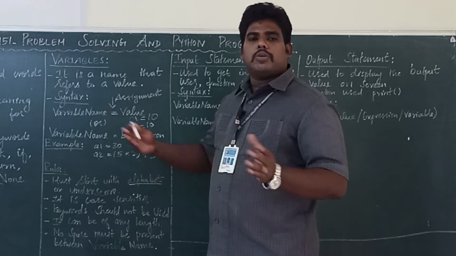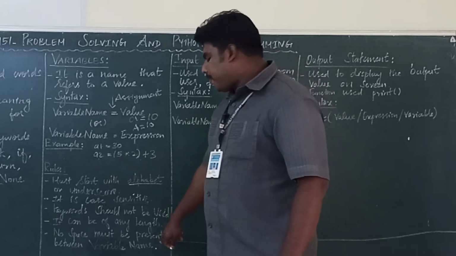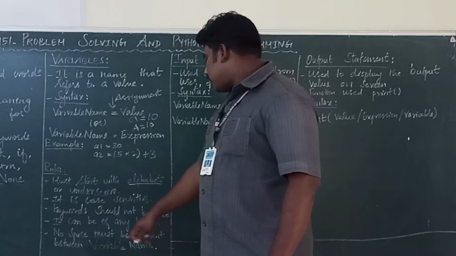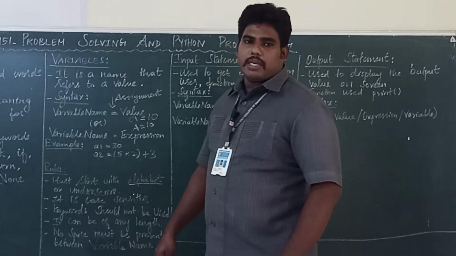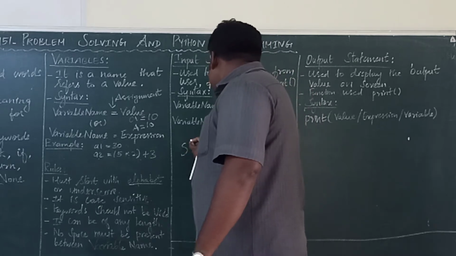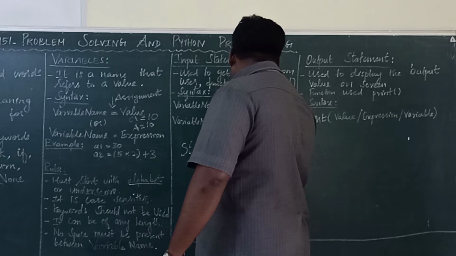Okay, any length. Then the last rule: no space must be present in between the variable name. So for example, stu name equal to Sam.